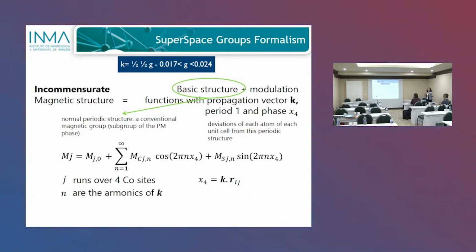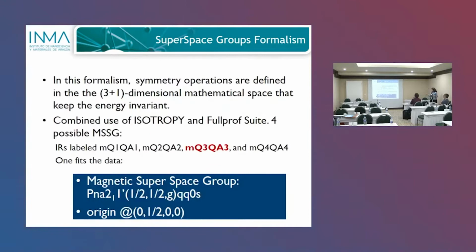You think of the magnetic structure as a basic structure with a conventional magnetic group, a Shubnikov group, and you add a modulation function with a propagation vector k, which is the one that we found from the data. When you write the magnetic moments at each crystallographic site in this way, then you can inject this into the Fullprof program and make a refinement of the directions and the moduli of the magnetic moments at each site. And when we did that, we obtained a model, a magnetic superspace group, which is this one.